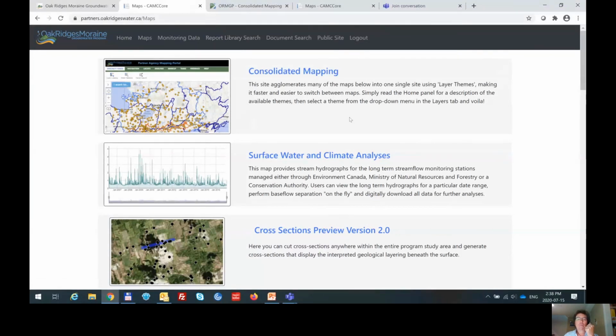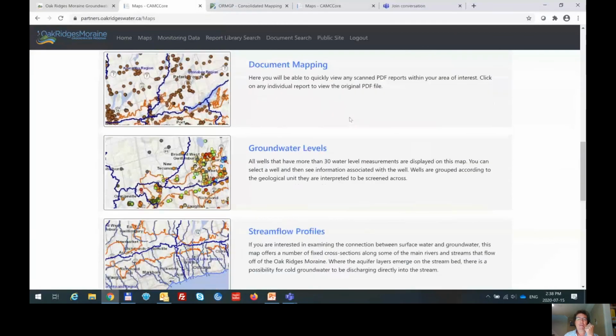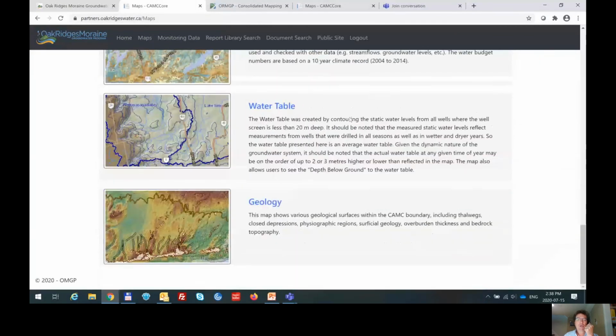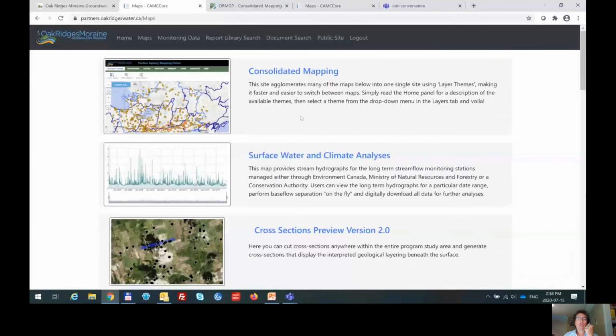But when you go to our maps, there's a long list of maps by theme. So basically, we started with a bunch of different themes: geology, water table, water budget. We've since gone to bring them all together into a consolidated map. So you can look at a consolidated map, or you can look at the different themes.